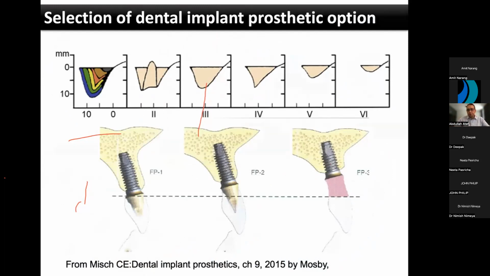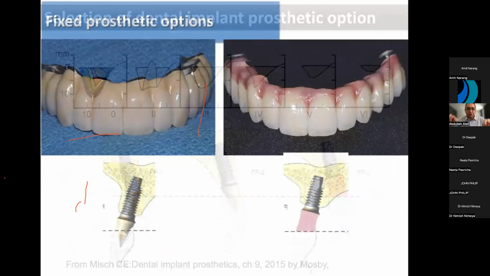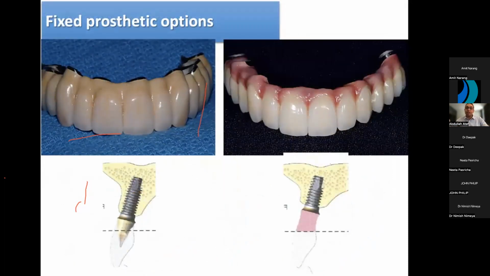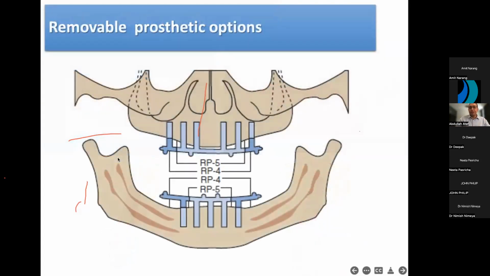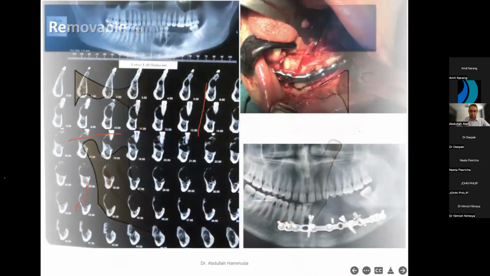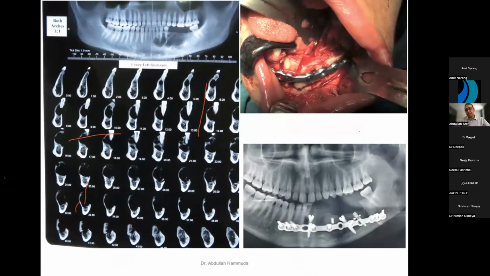You have to know first from the start if I will restore the crown, or the crown and part of the root, or severe soft tissue support around, to select the prosthetic option and then go with your planning.